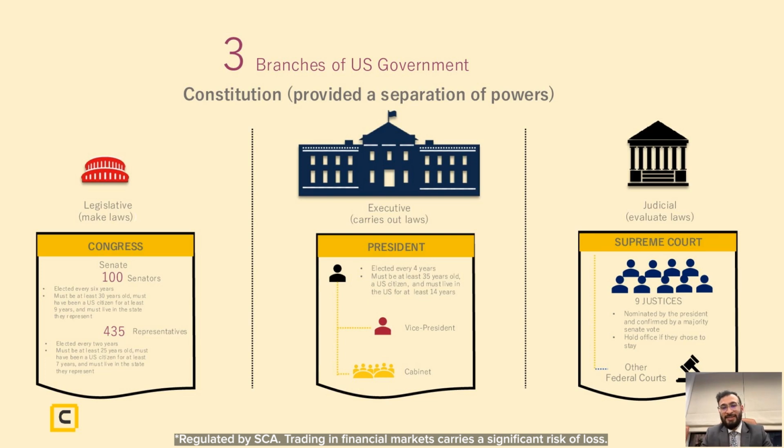Now, the branch that carries out the law is the executive branch, that's the president, who is elected every 4 years. The president has a vice president, and then there is a cabinet which helps to carry out these laws, followed by the judicial system, which is the Supreme Court, which has nine justices, and then there are other federal courts. So these three branches together form the American political system.